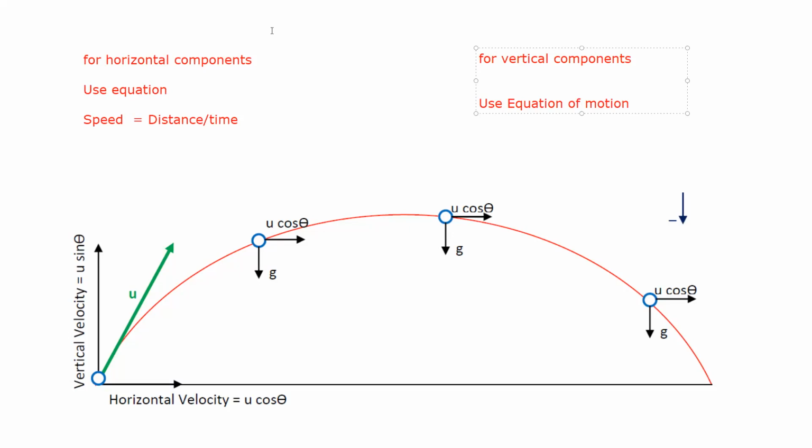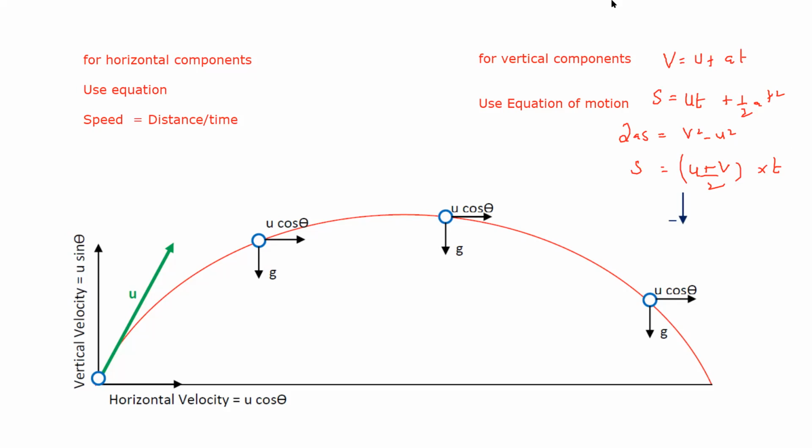And what are the four equations of motion, as we already discussed? v is equal to u plus at, s is equal to ut plus half at square, 2as is equal to v square minus u square, and s is equal to u plus v divided by 2 multiplied by t. So whenever we are solving for the vertical component, we always use the equations of motion. If we are solving for horizontal motion, then speed is distance divided by time, as there is no acceleration.